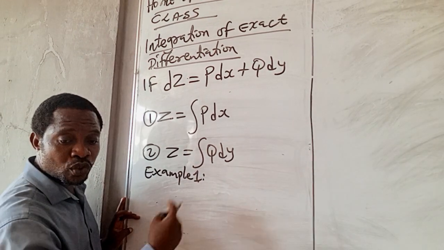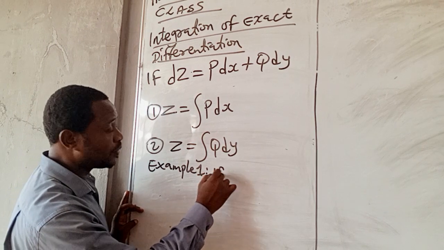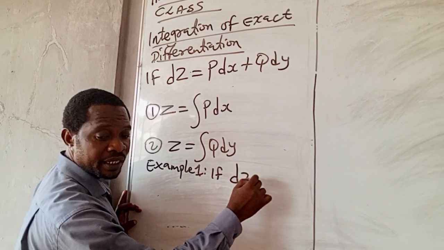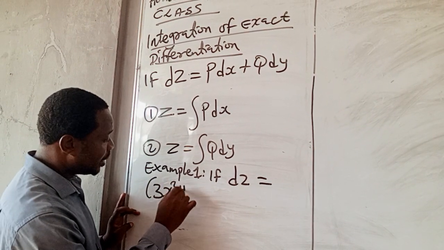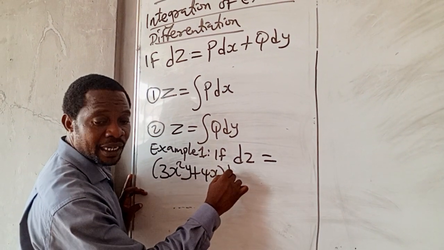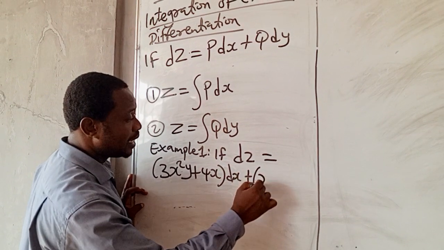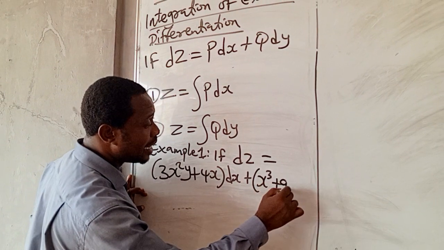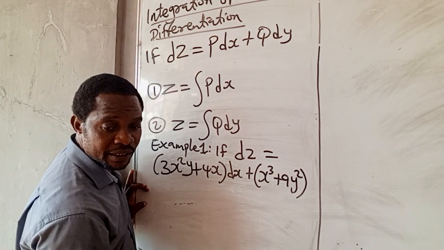If you are asked to solve, so solve means this. If you are given dz is equal to, let's say, (3x squared y plus 4x) dx, plus (x raised to power 3 plus 9y raised to power 2) dy.